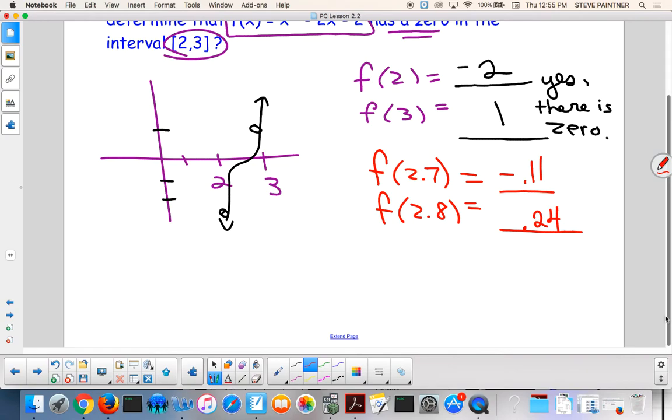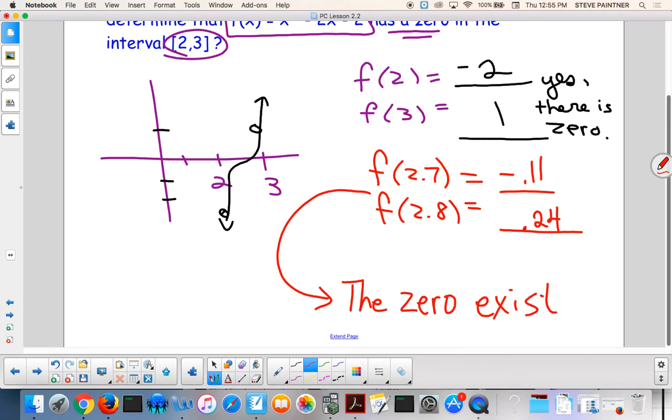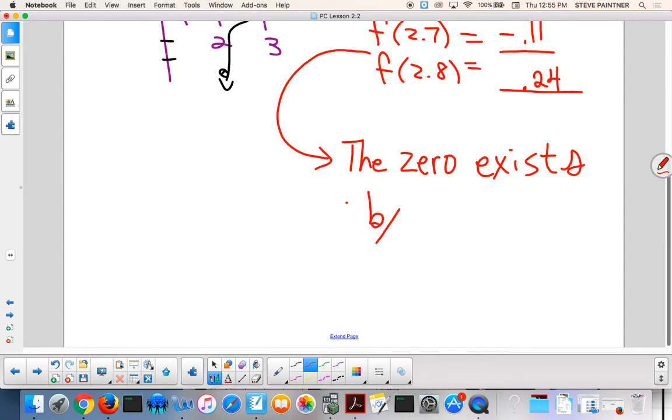You just used your table feature to help you say the 0 exists between 2.7 and 2.8. Okay, there it is.